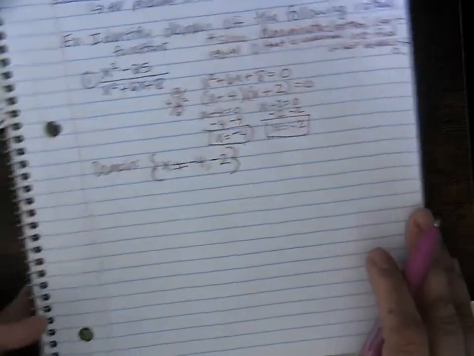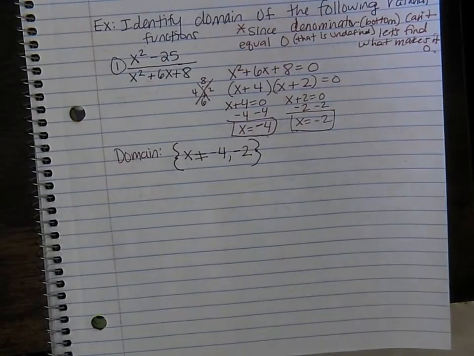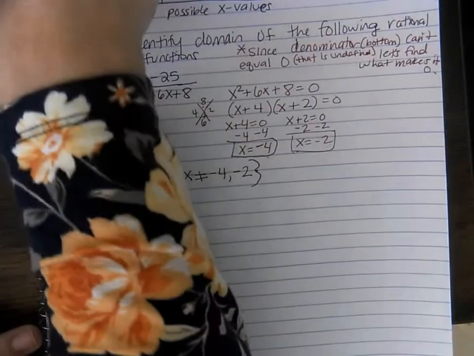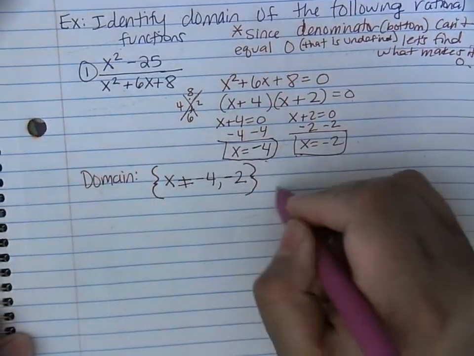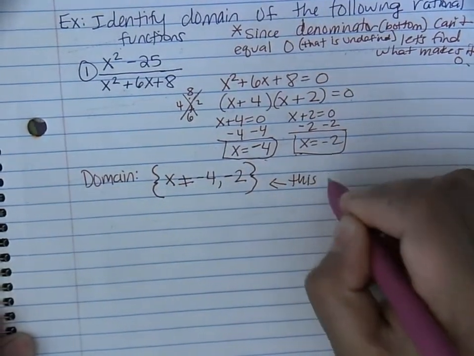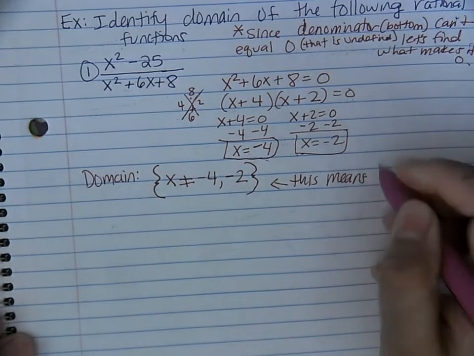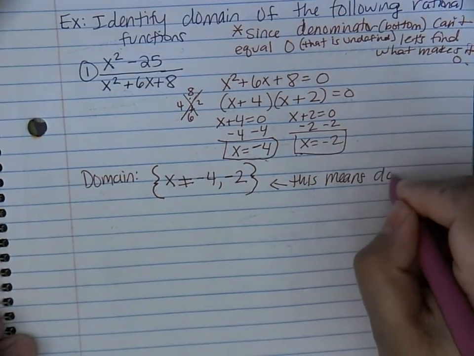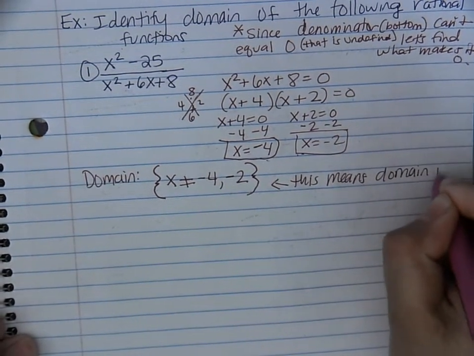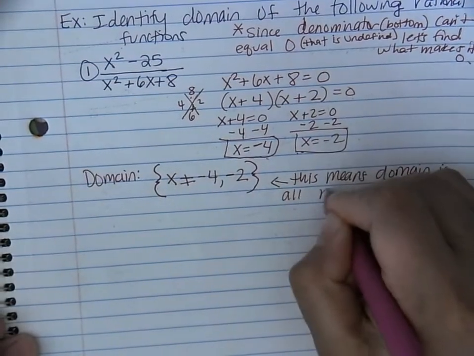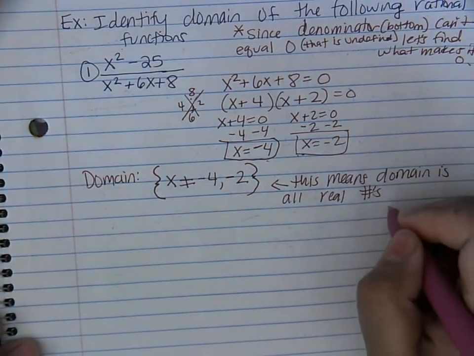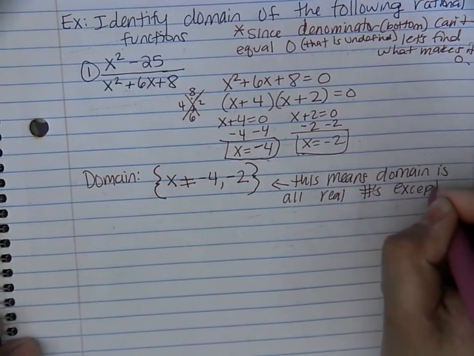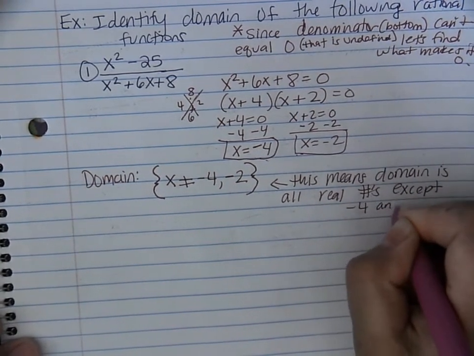And specifically, if I was to write down what this means in words, this means that the domain is all real numbers except -4 and -2.